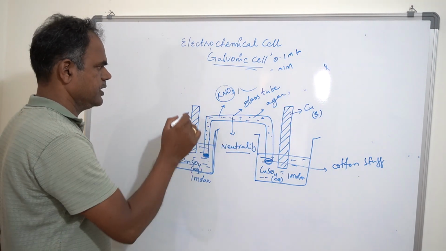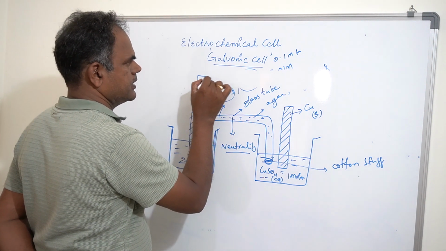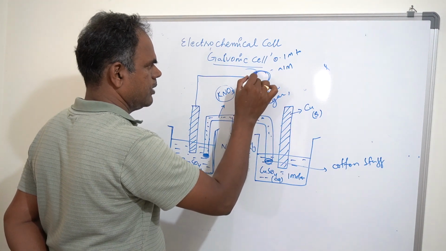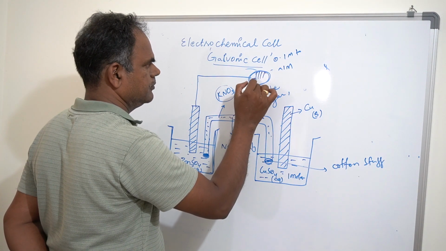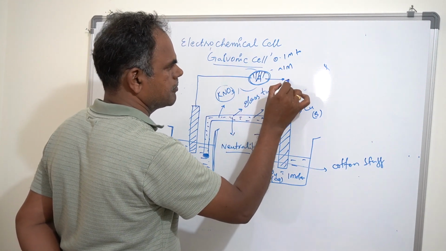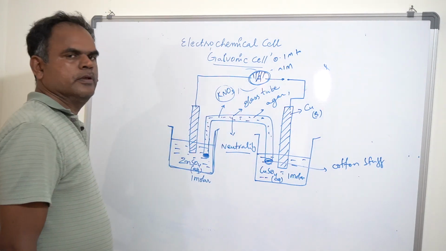We are joining the two half cells using a conductor, a copper wire, passing through a meter, and now it is connected to copper.